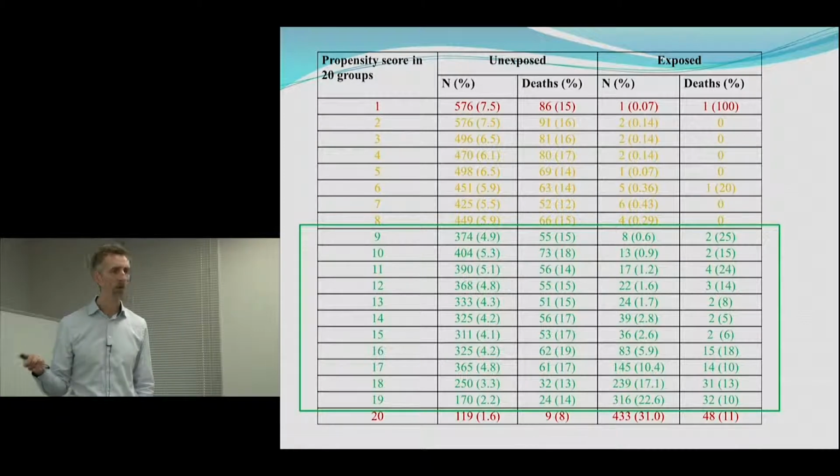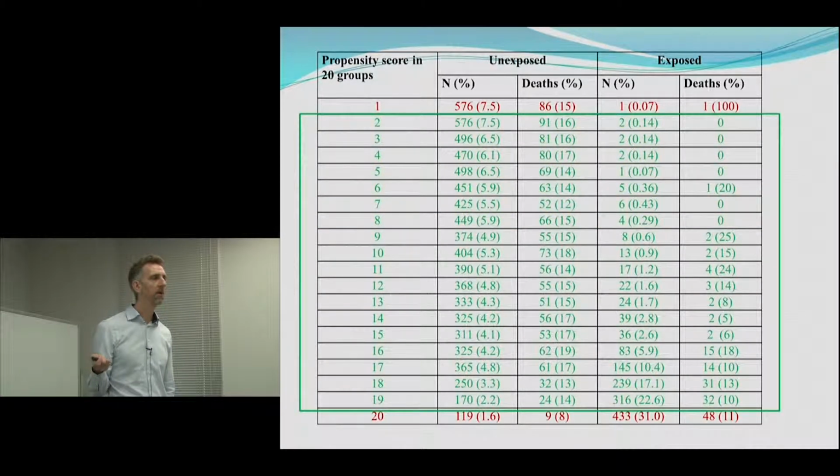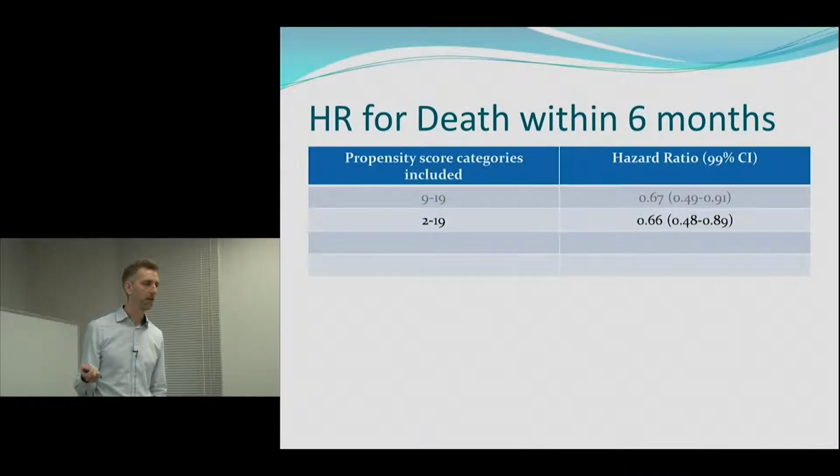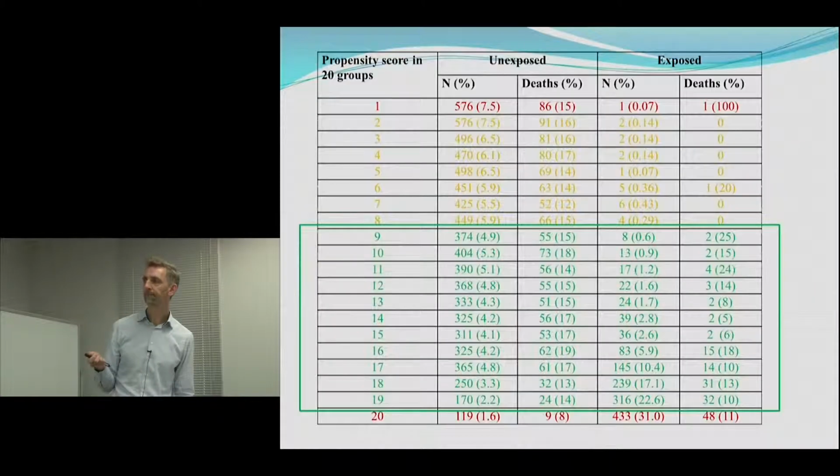So we've also looked at what would happen if we included a different population in the analysis. First of all, let's look at what would happen if we included everybody from groups 2 through to 19. Well, in fact, it makes almost no difference. Our hazard ratio will be 0.66, so it's very similar.